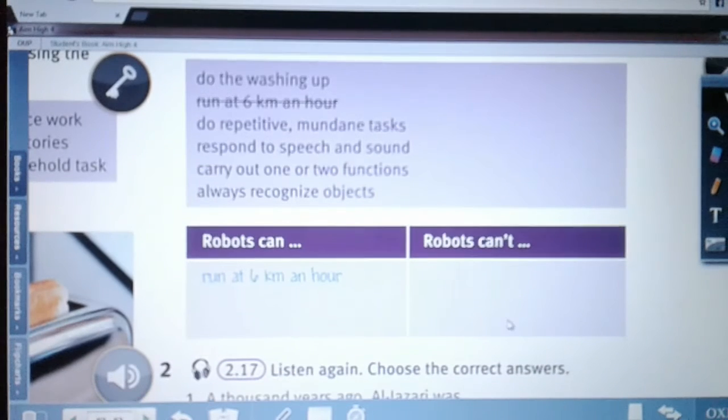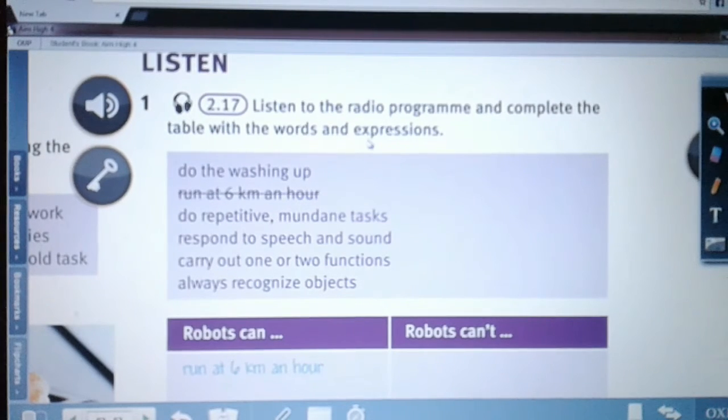So for the tables, you have to find out what can be done by the robots and what can't be done by the robots. So I'll play the audio for you.